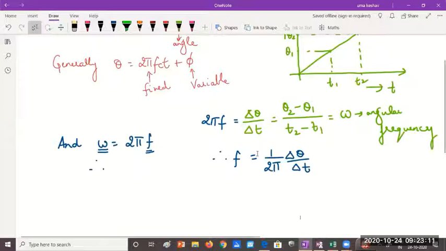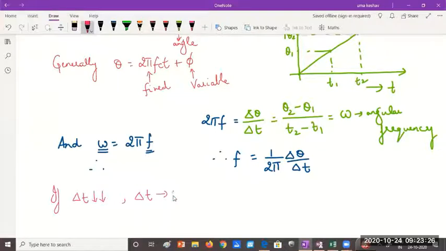Now, one small consideration. If delta t is very, very small, if delta t tends to 0, so what would be the limit as delta t tends to 0 of 1 by 2 pi delta theta by delta t? What can I call it? This is called the differential of theta with respect to time.